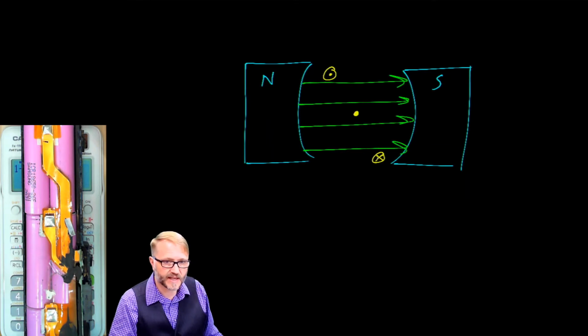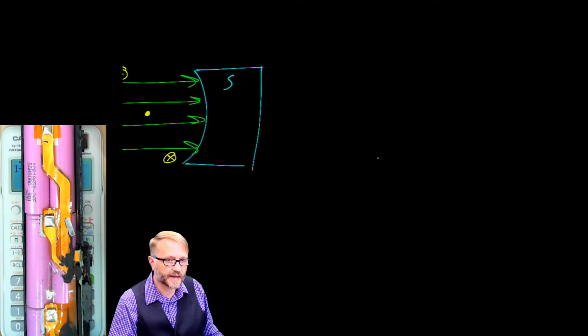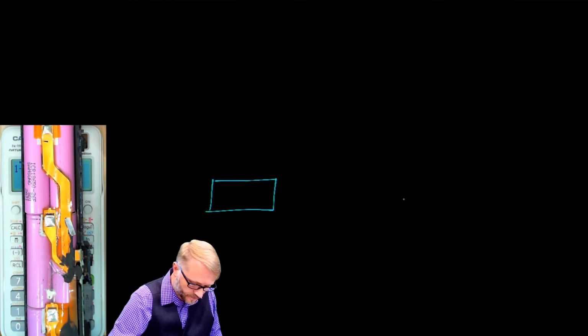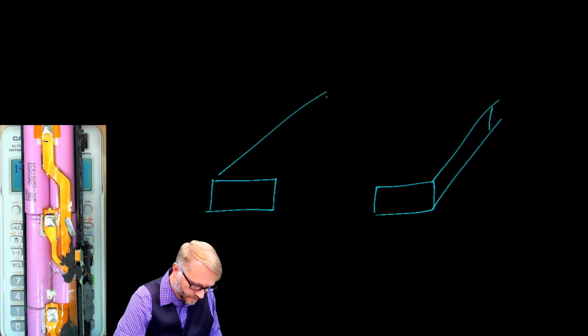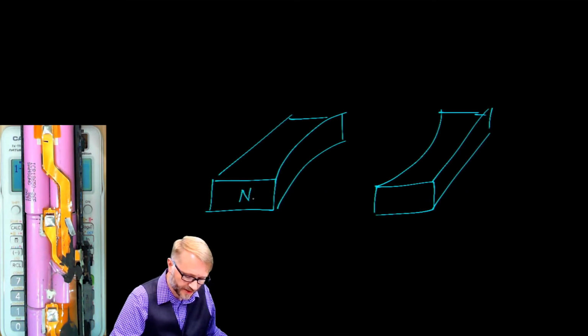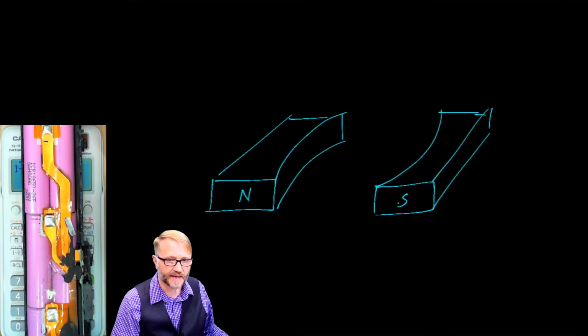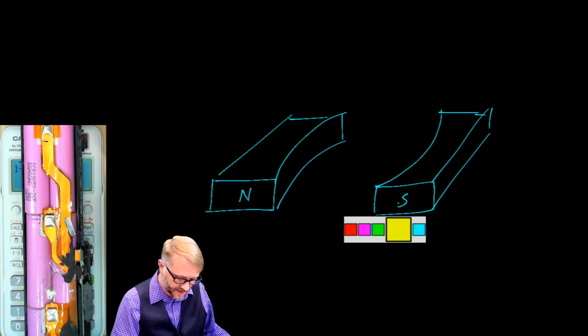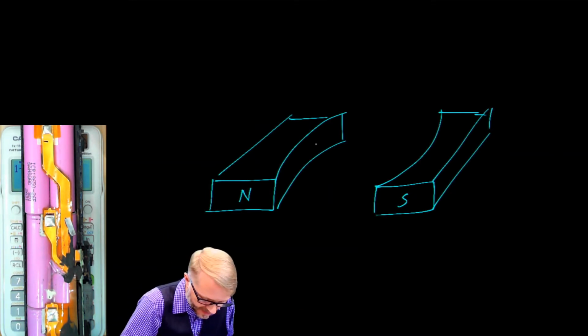To help you visualize this, I'm going to draw what it looks like in 3 dimensions. Something like that, where you have a north magnet, a south magnet, and curved faces. There is a magnetic field between these two.